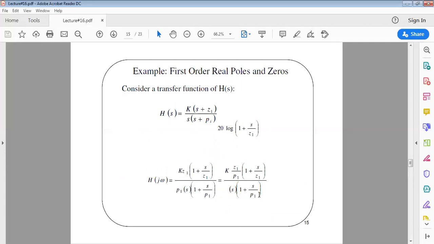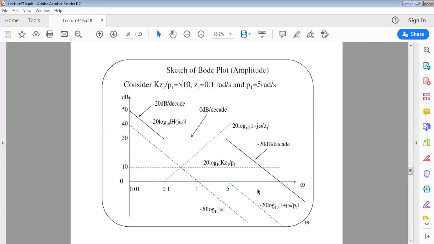So let's sketch the individual plots. The orange dotted line here is the sketch for 20 log of 10, which gives us 10 dB.